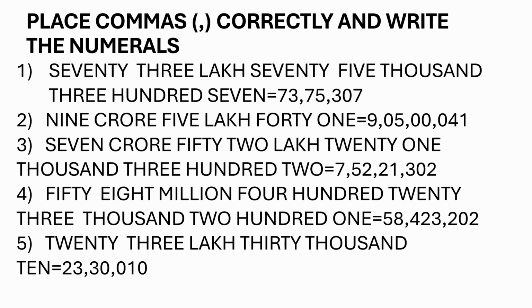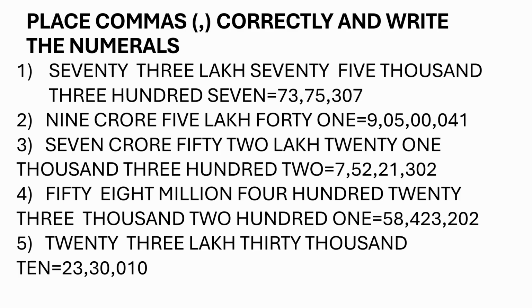9 crore, 5 lakh, 41. After 9 put a comma, 9 is in the crores place. Here only 5 lakh is given, so in the place of 10 lakhs, write 0. 5 is in the lakhs place.